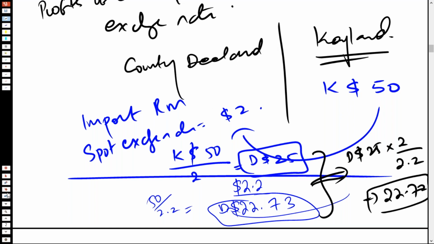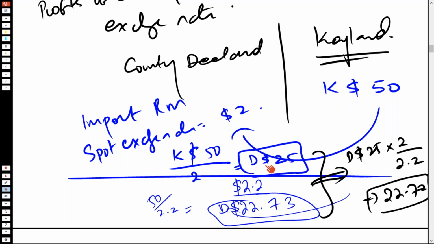Okay, let me explain it once more. For example, Rebecca, you have imported something for K dollar 50. The spot exchange rate was 2, so you converted and got D dollar 25. Now I tell you the exchange rate has changed to 2.2. So what are you going to do? 50 divided by 2.2, you get 22.73. But now I'm telling you that this is what you have.